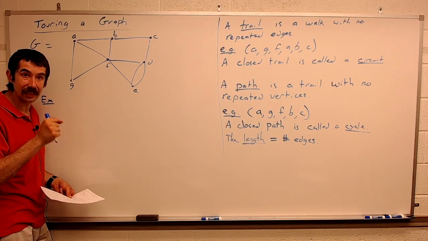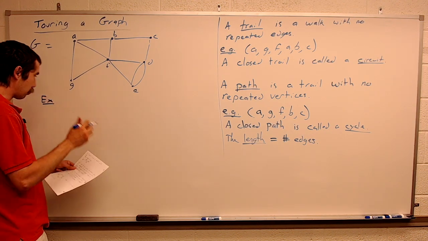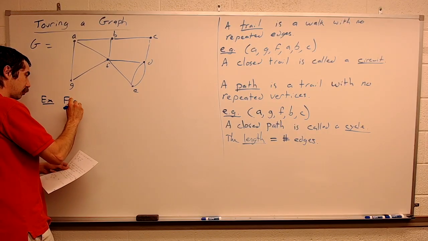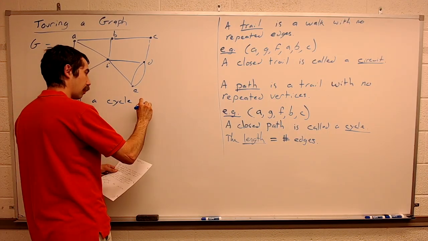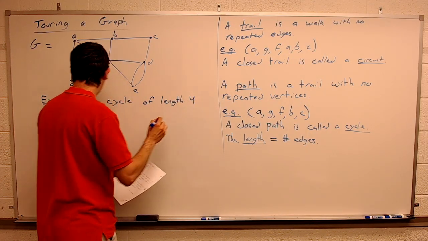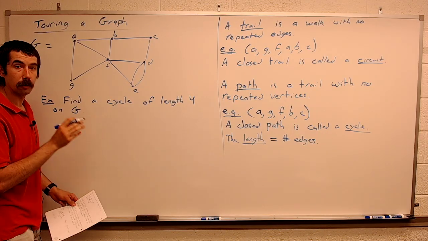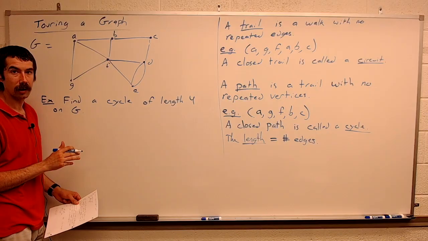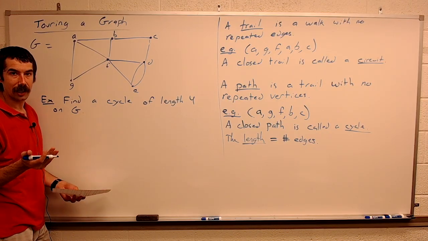You got to get in and work the problems before you watch me solve it, all right? So let's find a cycle of length 4 on the graph. All right, so please try this on your own. Your answer might not match mine, but I'll show you how to check your answer, right?